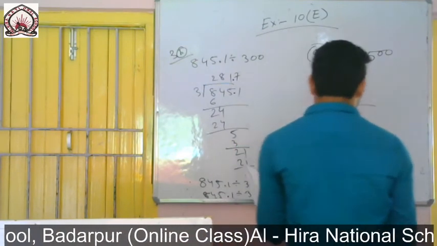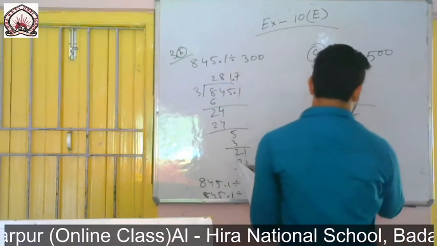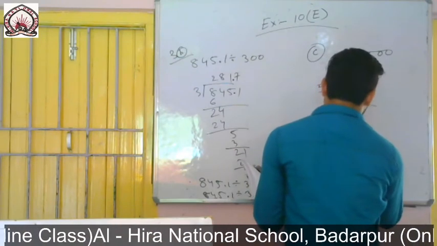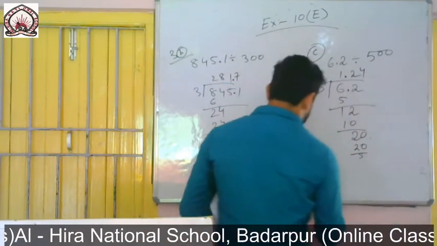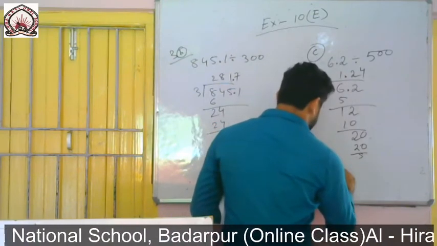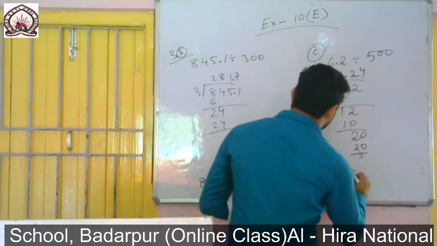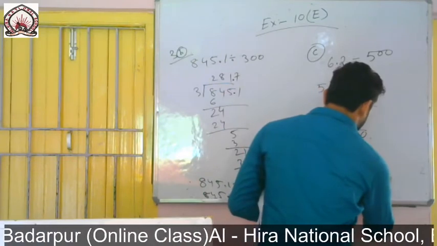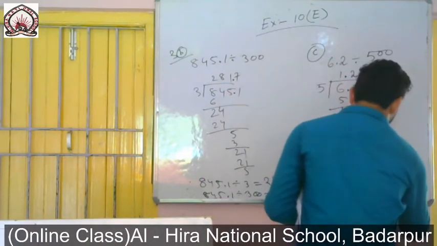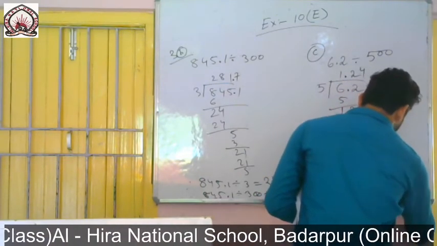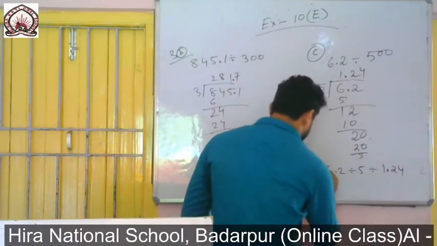Then 5 4s are 20. Then write therefore 6.2 divided by 5 equals 1.24.